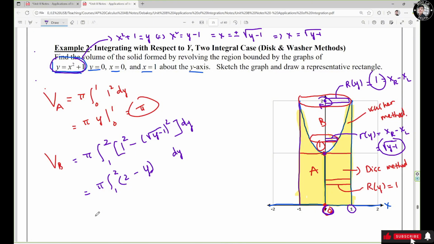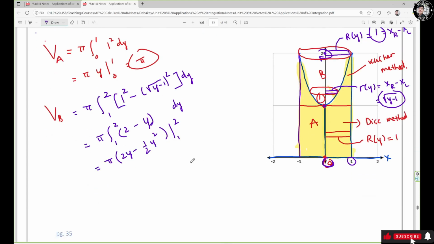Alright, so this guy turns out to be pi times 2y minus 1 half y squared evaluated from 1 to 2. So I substitute 2 for y, it's going to be pi times 4 minus 2, minus substitute 1 for y, it's going to be 2 minus 1 half.